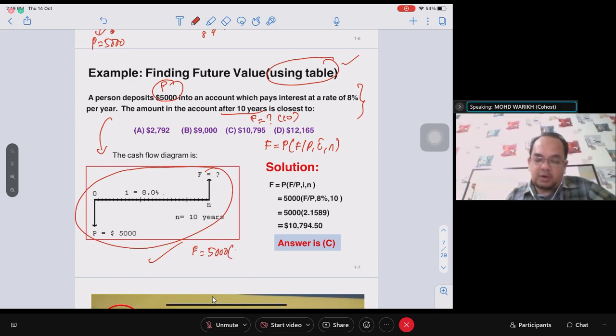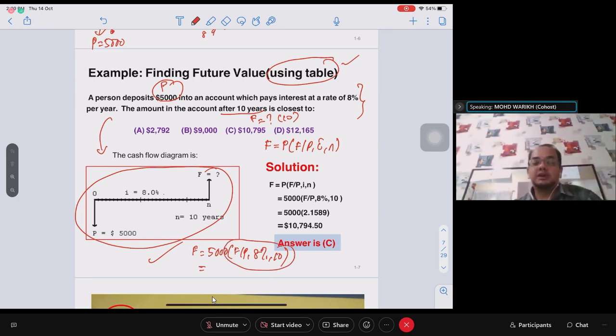So F over P function, i is 8%, and the number N is 10, right? So from this information, we just refer to the table.